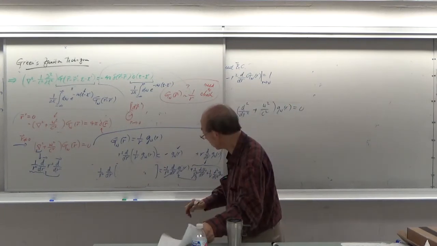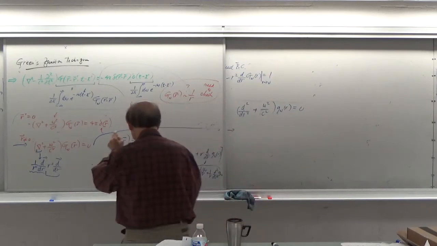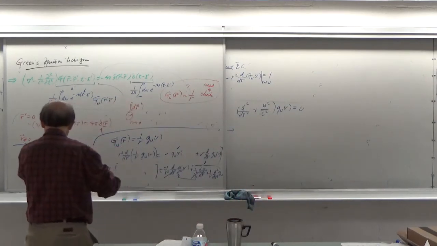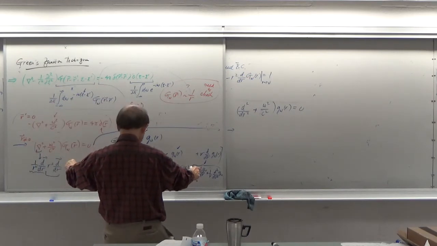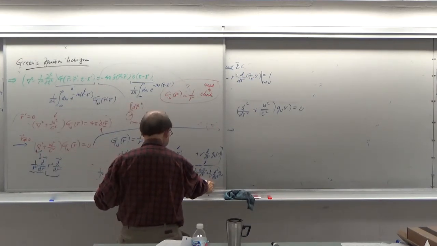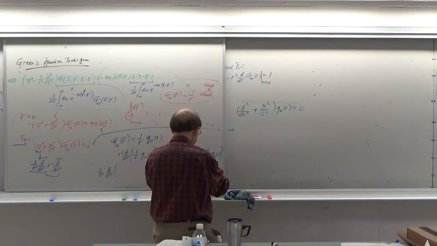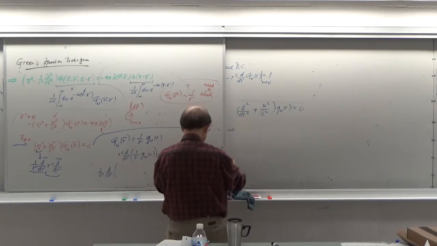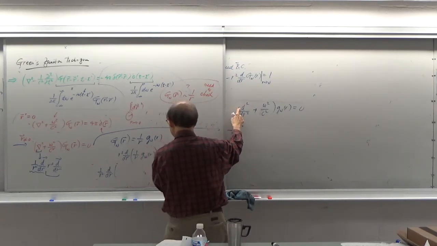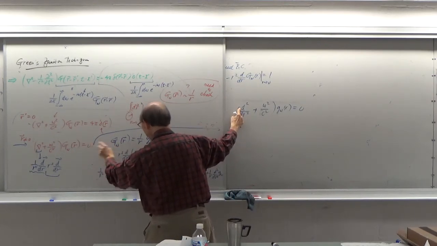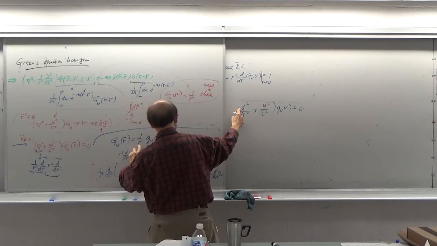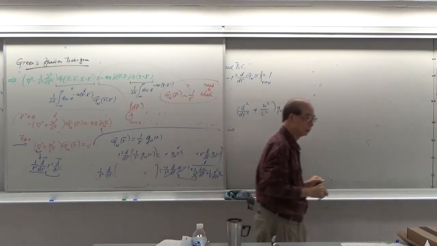And I can explain. This gives me essentially this term, d squared by dr squared, that's 1 over r. But this 1 over r is there in g, so if I multiply by r, since r is not 0, I can do that. So I get this. That's correct.